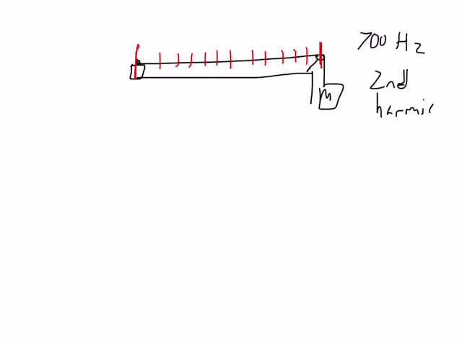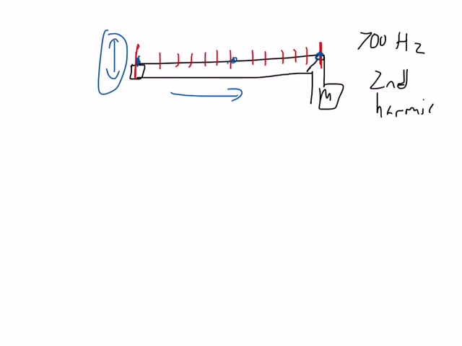We have to figure out the points on the string that have the greatest average vertical speed. So the waves are traveling in that direction, but the string is oscillating up and down. So the statement of the greatest average vertical speed is asking where the antinodes are. Those are the points that move the most in this up and down direction. Well, we know what the second harmonic looks like. There's a node at the end, a node at the other end, and a node in the middle.